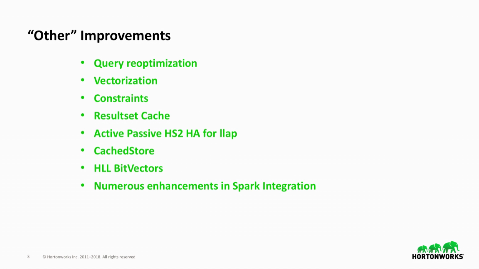Vectorization has seen a lot of improvements. There are new operators like window functions which are now vectorized. There are new expressions like case statements which are now vectorized. There are new types for which we have extended support, like timestamp and so on.